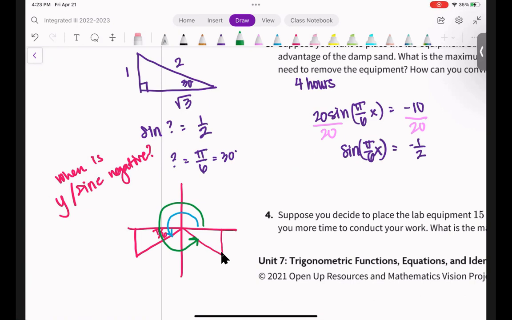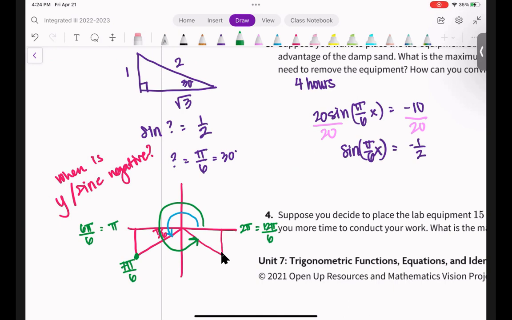So this one, some of you are like, oh, that one's easy because this is pi, or 6 pi over 6, right? Then this has to be 7 pi over 6. And this other one makes sense because this is 2 pi, or 12 pi's over 6.